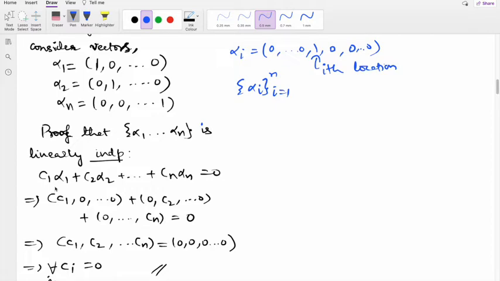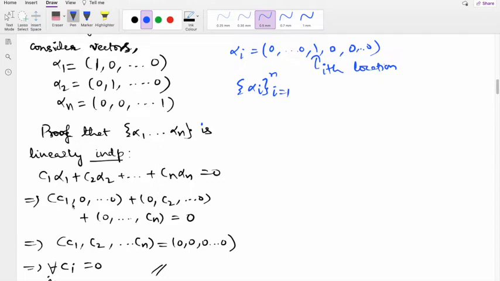If I take some combination of these vectors and equate it to 0, then by scalar multiplication, C1 alpha 1 will just be C1 with the remaining zeros. C2 alpha 2 will be 0, C2, with the remaining all zeros, and so on, and Cn alpha n will be all zeros followed by Cn.